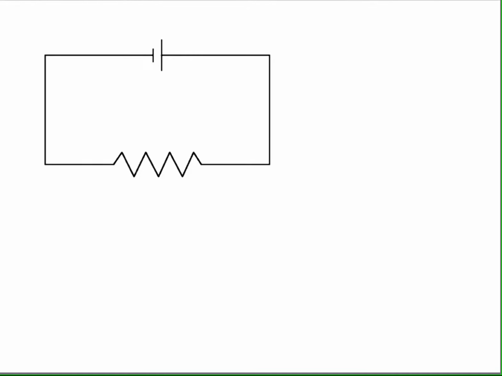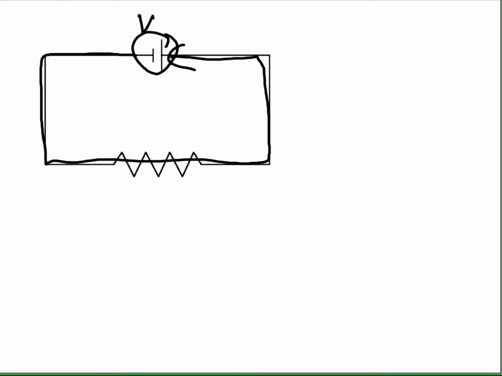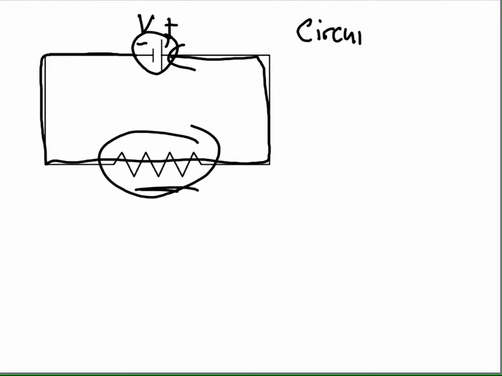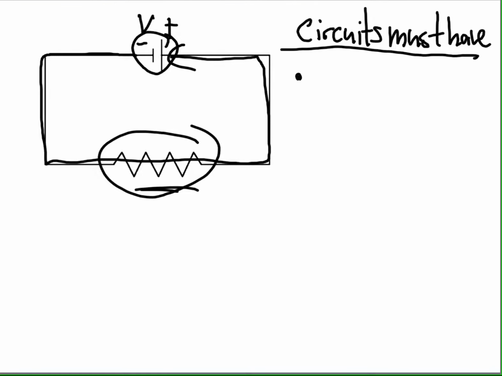Now, here we have the simplest of all circuits. We have a voltage source and a full loop. It goes from the negative side to the positive side, and we have to have some sort of resistance in there. So circuits must have some sort of voltage source.